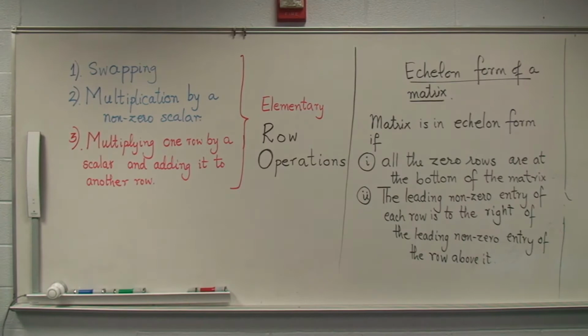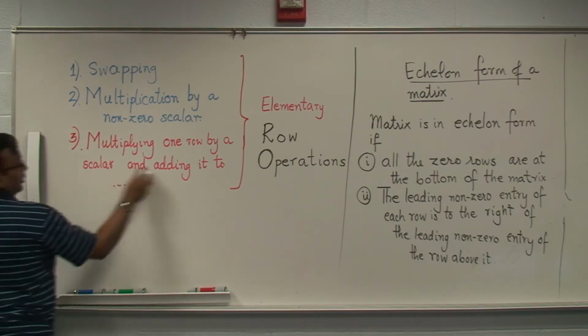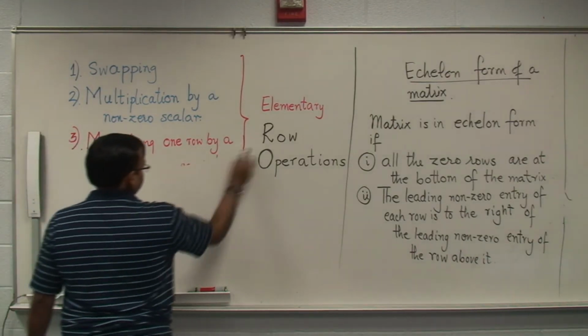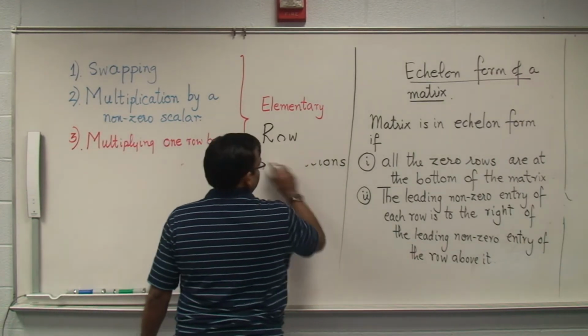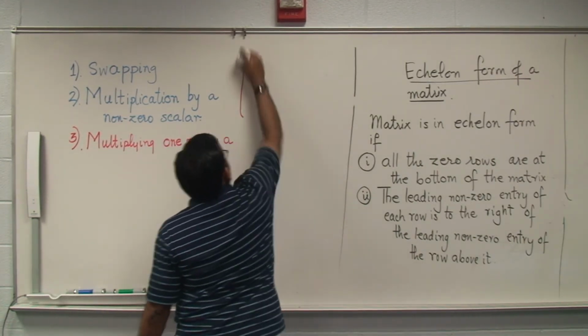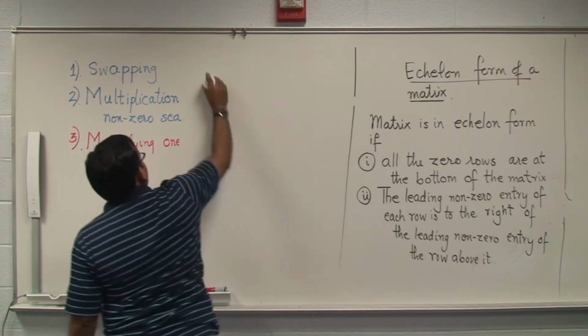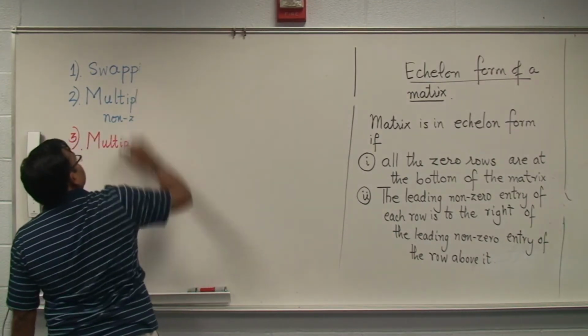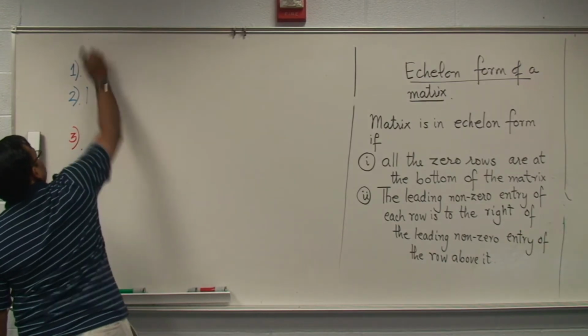Okay. So I'll write down some examples and we'll examine if these are in echelon form or not, whether they satisfy these two conditions. If they do, then we'll see how. If they don't, then we'll see a reason for them not satisfying these conditions.